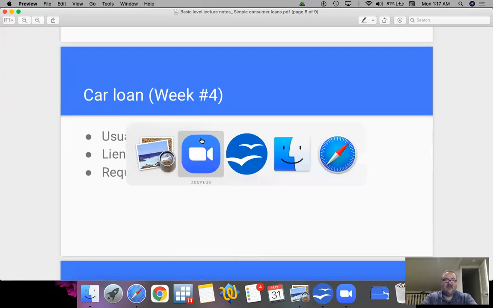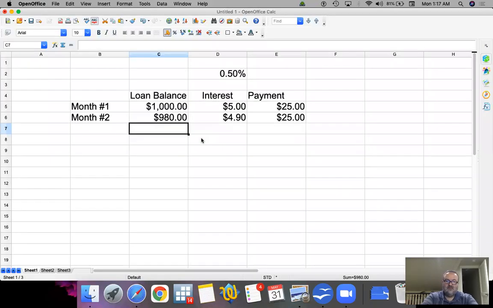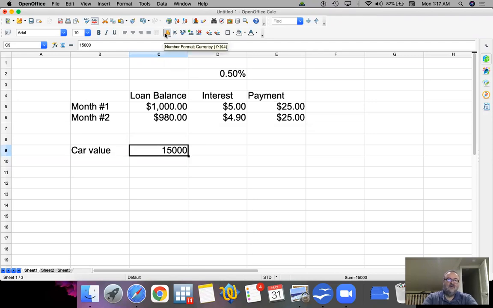So let me go back to this, and we'll talk about it next week in more detail. Let's say the car value is, say, $15,000, and then you owe $17,000.